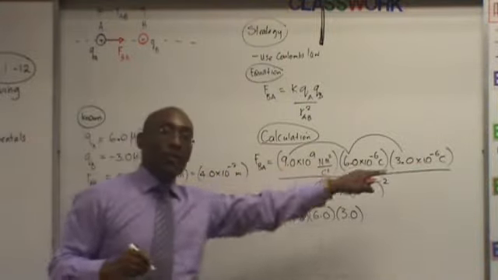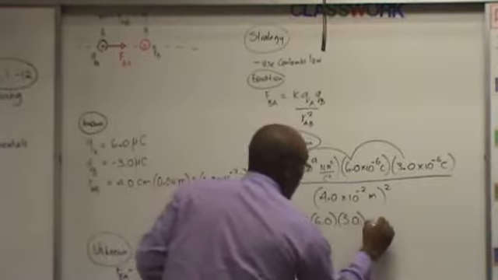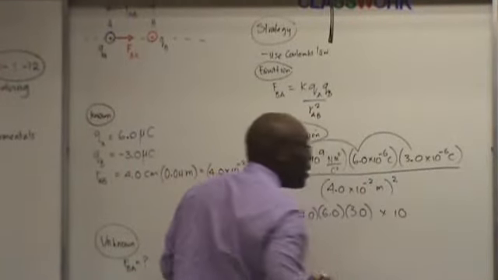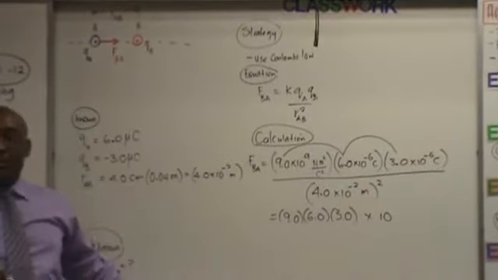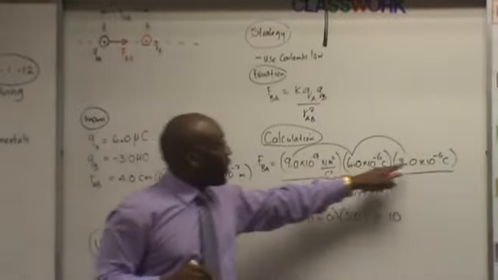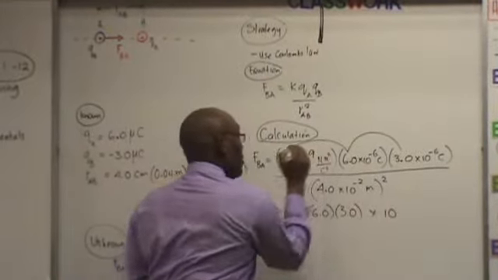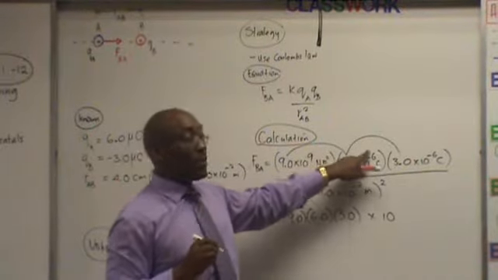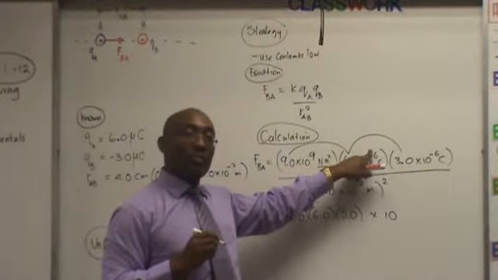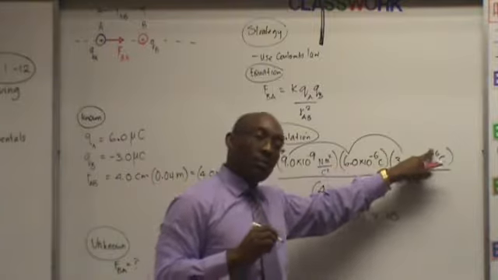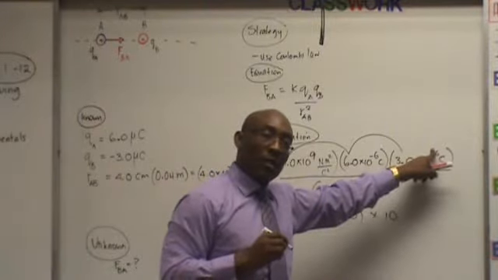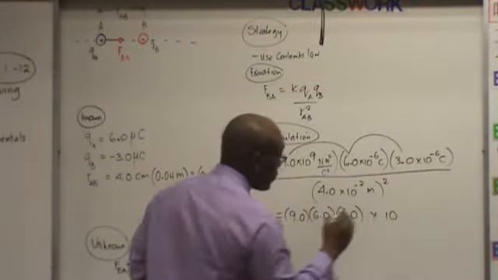Those are my numbers, multiplied by my total exponent. Now, since I'm multiplying, I have to add all three. Here I have a 9, 9 minus 6 minus 6, negative 3, right? Yeah.